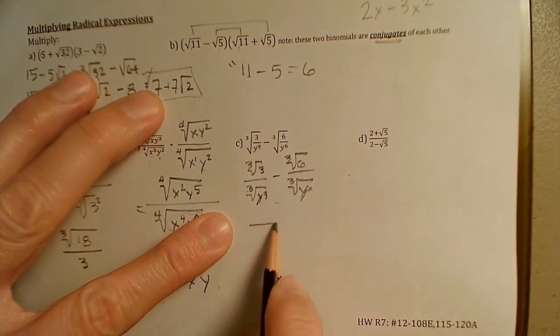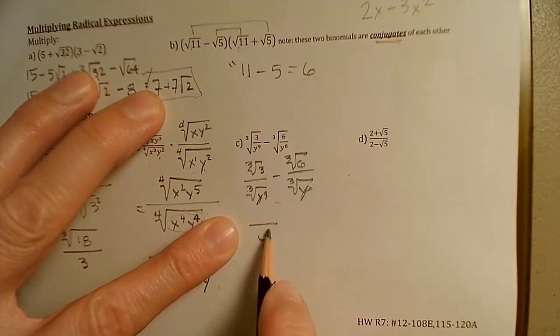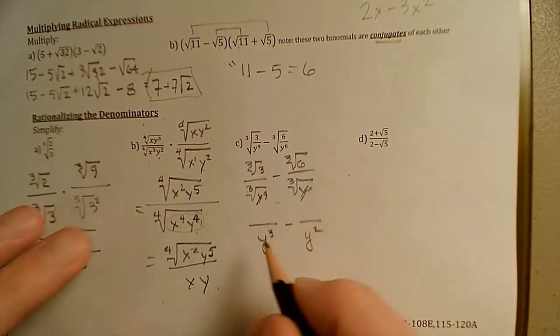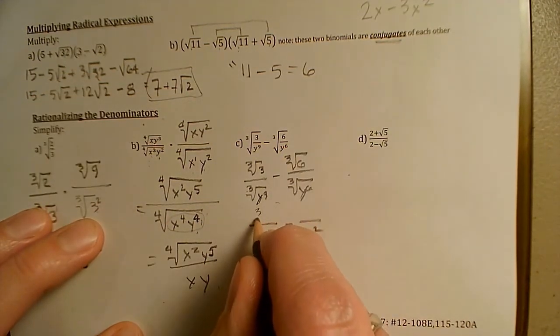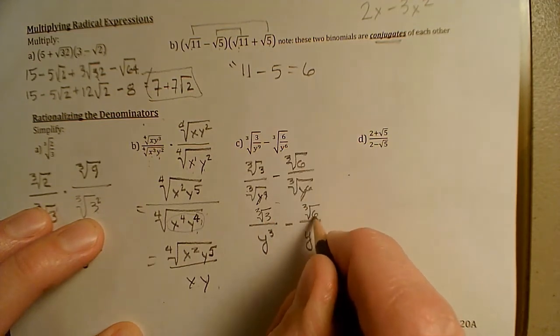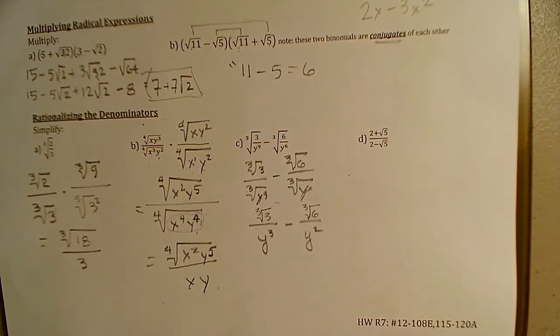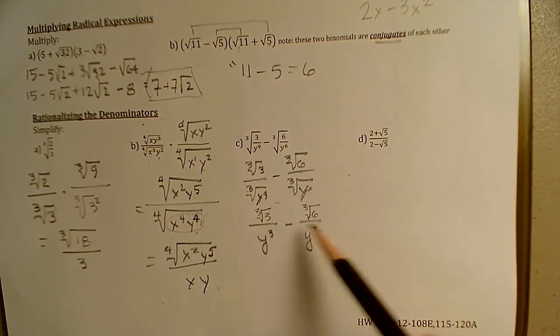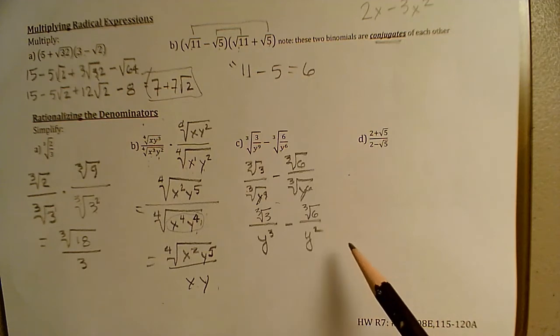So on the bottom we have y cubed, and then on the bottom here we have y squared. Upstairs we still have cube root of 3 and the cube root of 6. And then we would probably want to get a common denominator. We've done this in the previous lesson.